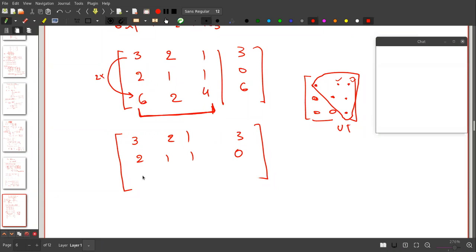So this will be 0, this will be minus 2, this will be 2, this will be 0. That operation will also be done on the right hand side. Is that clear?